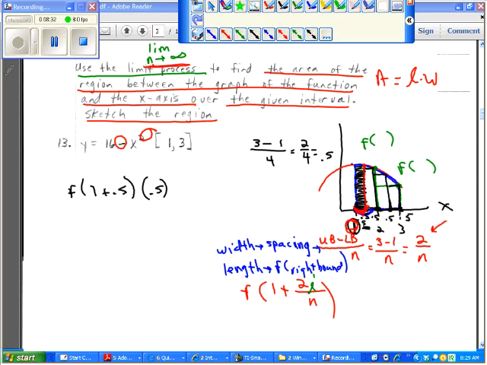That would give me the area of the first rectangle. The area of the second rectangle would be the function value at 1 plus 2 gaps times the width of 0.5.